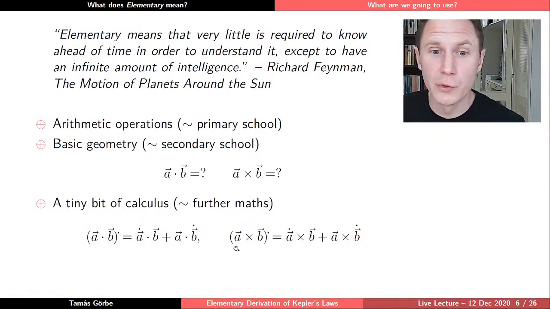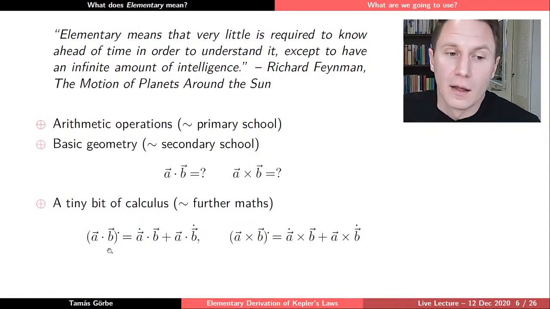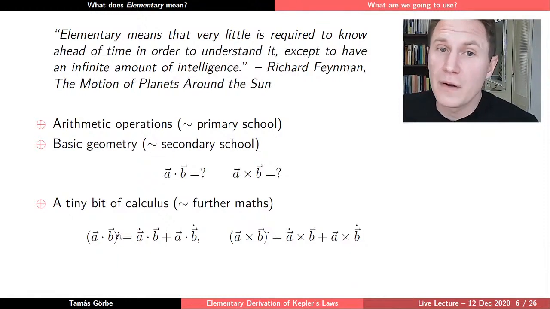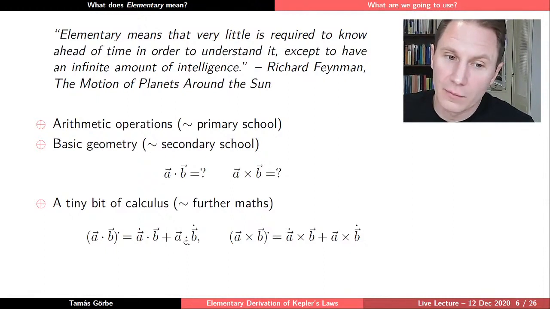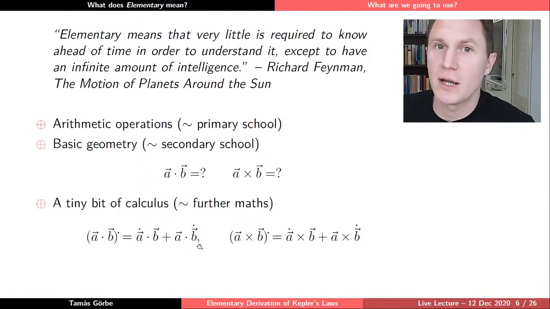There are these very simple rules. The way you differentiate, the way you take the rate of change of a scalar product, is you take the rate of change of the first vector and the dot product of that with the second vector, plus the first vector's dot product with the second vector's rate of change.